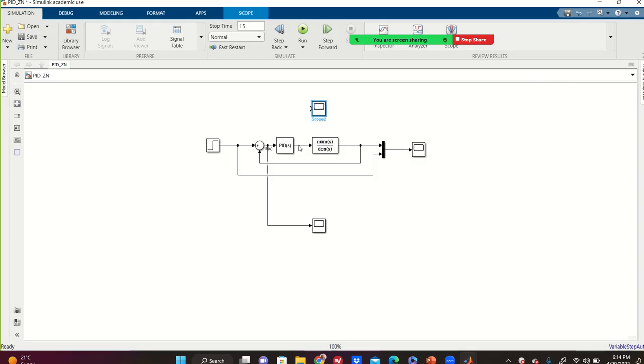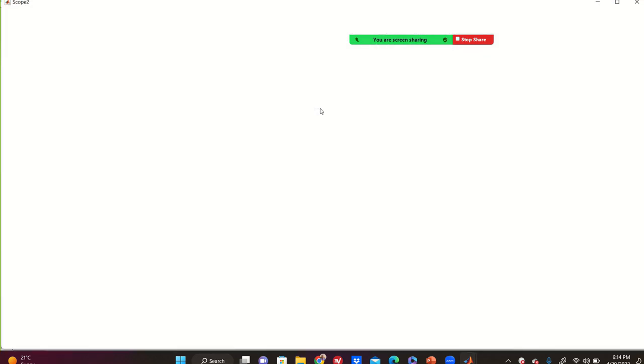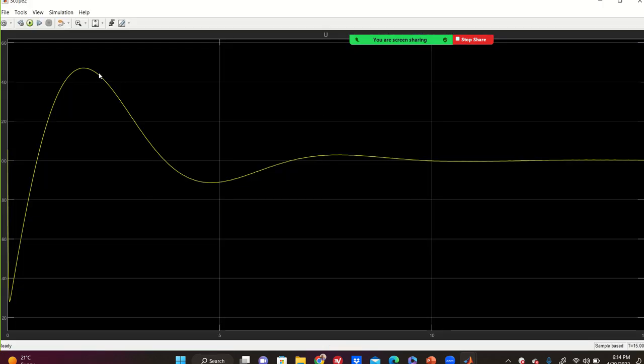Also, you can plot in Simulink the control input to the plant. This is control input. I'm writing here U. This is U. This is error signal. This is U. And now, if I run it, see that the PID controller sends this command to the plant.